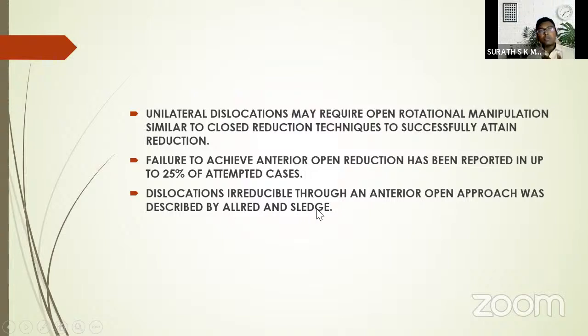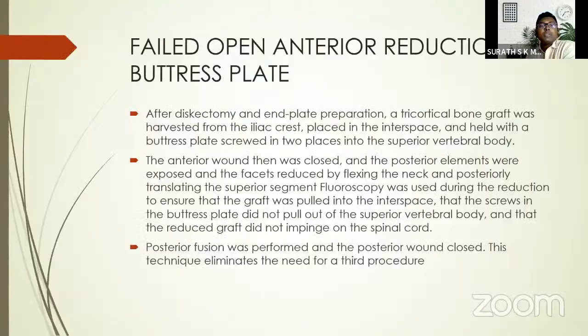So you do the discectomy first, prepare the end plate, get a graft, the iliac crest or the allograft, place it in the interspace, hold it with the buttress plate, and screw it in two places, only in the superior vertebral body. Then you close the wound and go to the posterior aspect and do the posterior surgery.